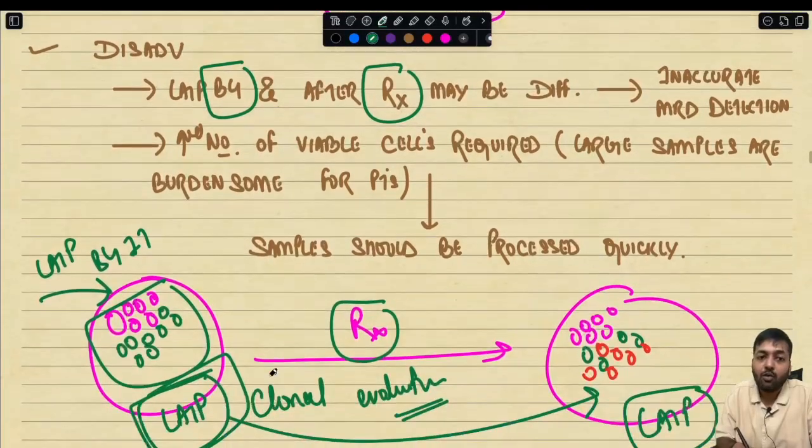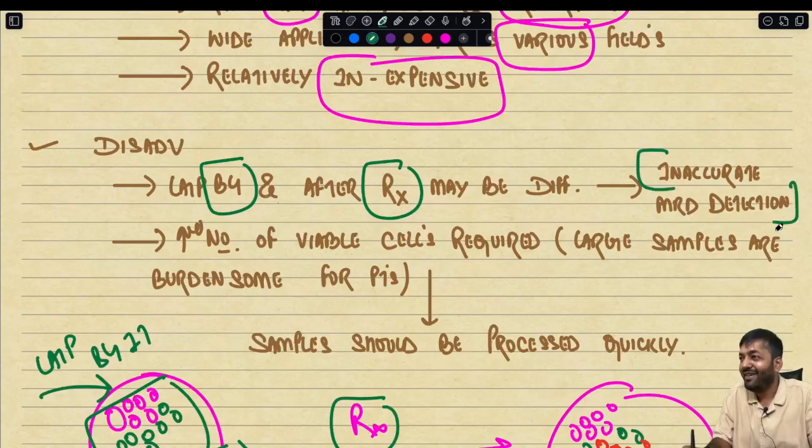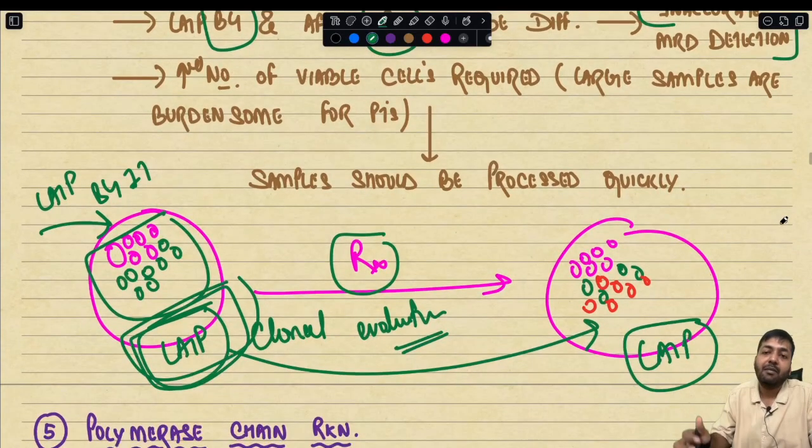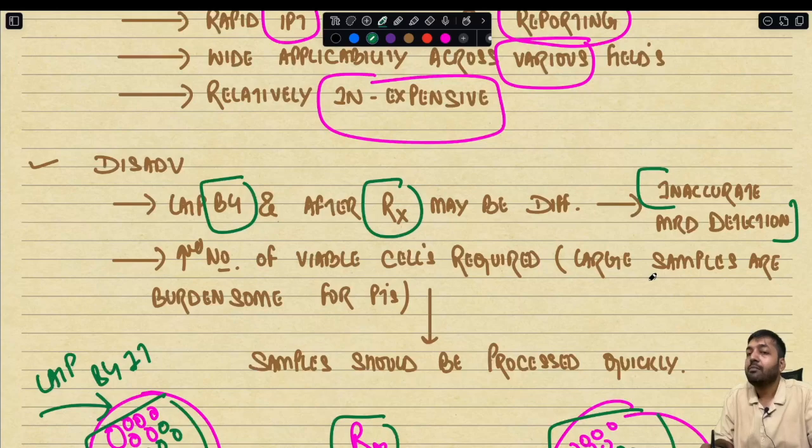If you only use the LAPE at the time of diagnosis as a reference marker, then it will lead to inaccurate MRD detection. So you have to keep in mind that it might not be the same after treatment. You have to look for certain other leukemia associated immunophenotypes or patterns, so that you do not miss out and there is no false negativity.